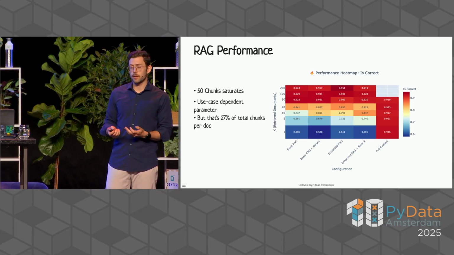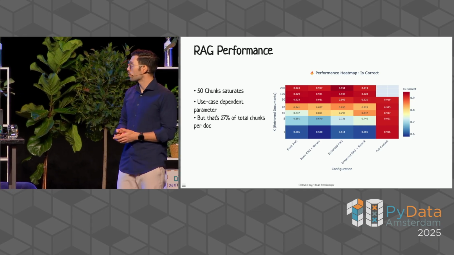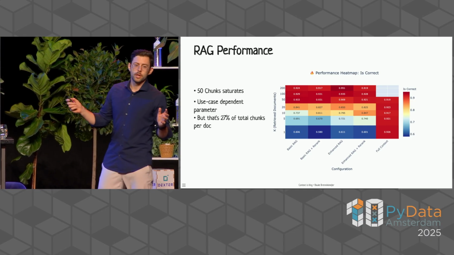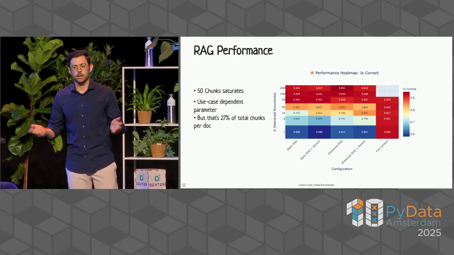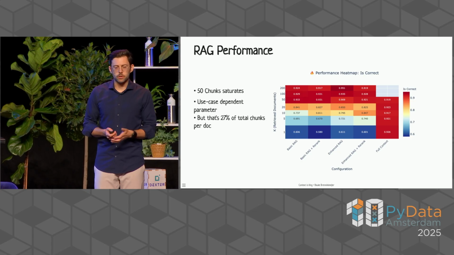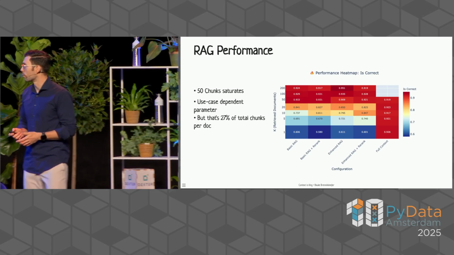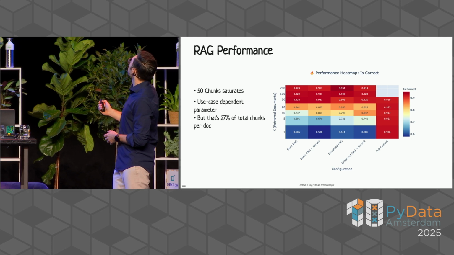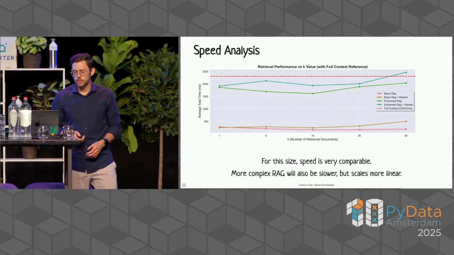So you might get better mileage from your thing, but I'm not sure what to take from this. If you have 100 million chunks within your RAG database, you're not going to ingest a quarter of that. So you have to look for yourself. I think that's kind of the takeaway from this.